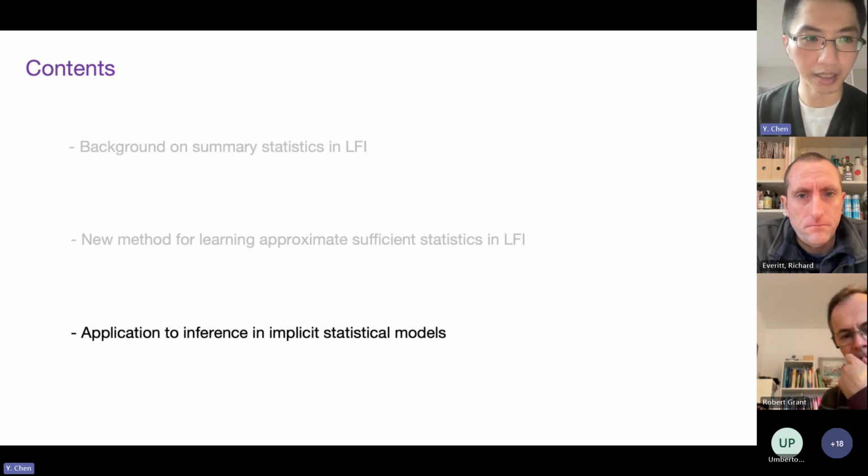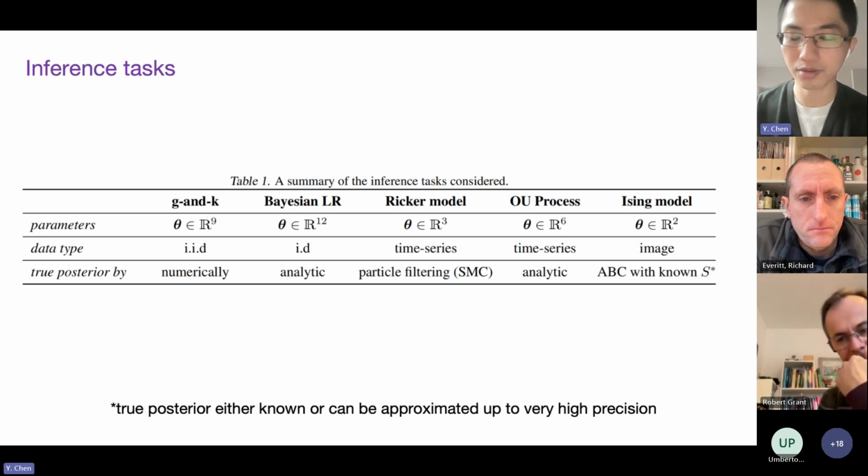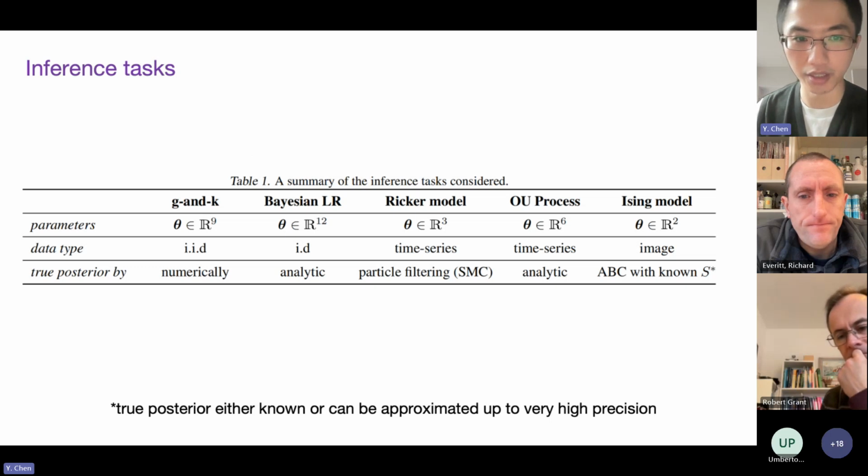Let's look at some experimental results regarding the application to inference in several implicit statistical models. These are some inference tasks we consider in this work. We consider five tasks. Some of them are very well known to us, including the multivariate GNK problem and the Vickers model.